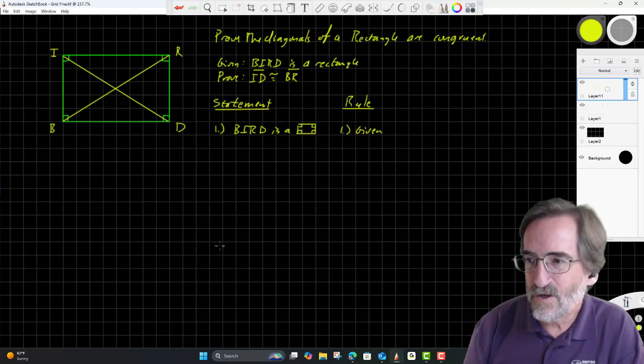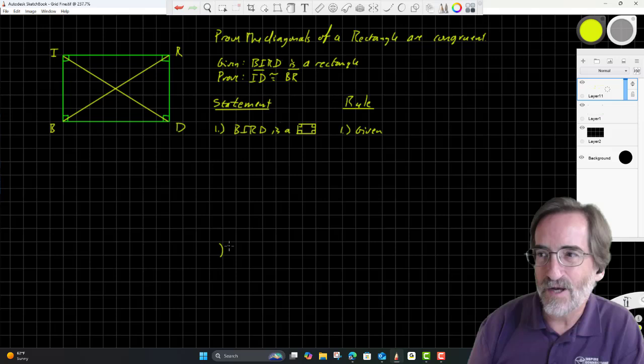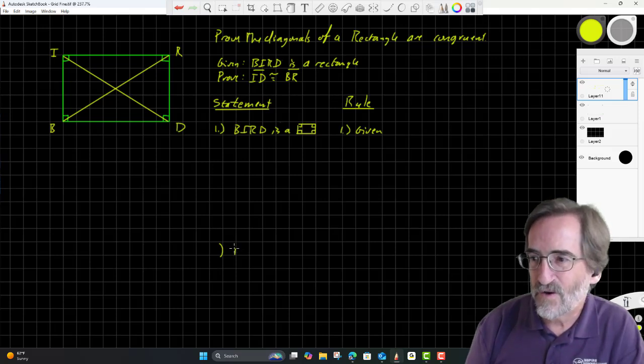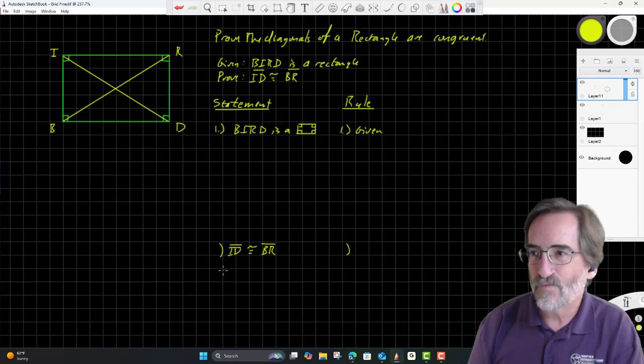Now down here I'm going to put as a final step, and I'm putting it down a ways because I don't know how far. I'm not putting a number because I don't know how many steps yet, but I'm putting my final conclusion. ID is congruent to BR. And I don't know the rule or the reason that says so yet, but I will.